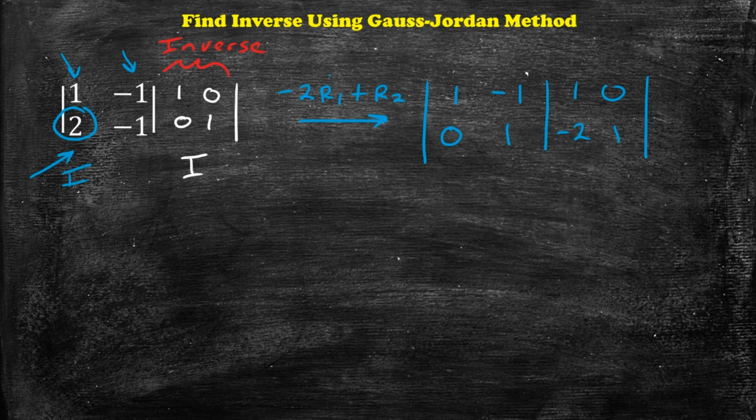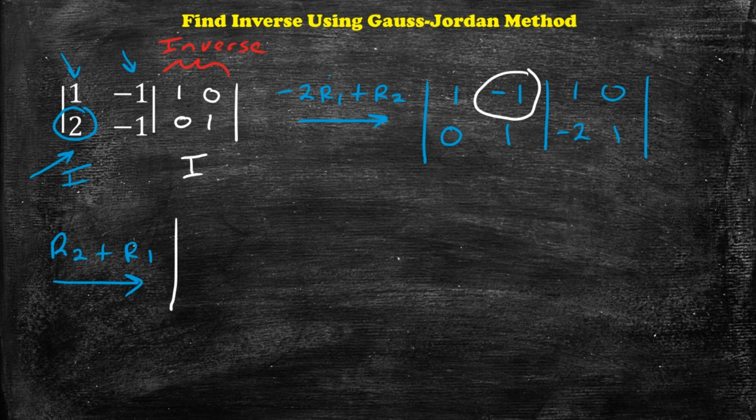Now what we want is to make this number here become a 0. So the way we're going to do that is by adding row 2 plus row 1. So we have row 2 plus row 1, and that is going to look like this.